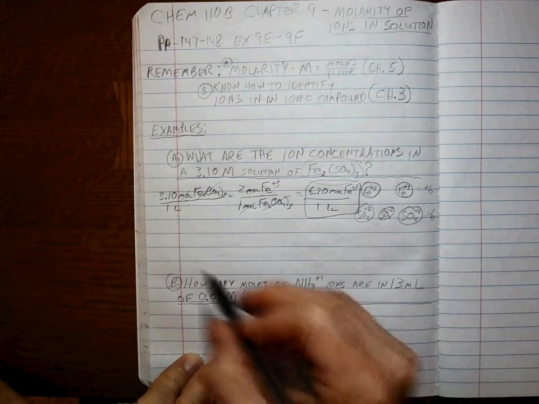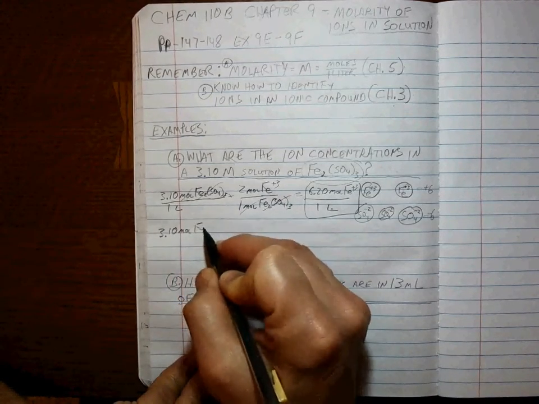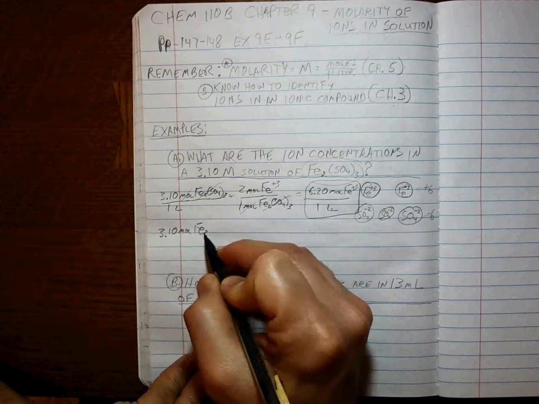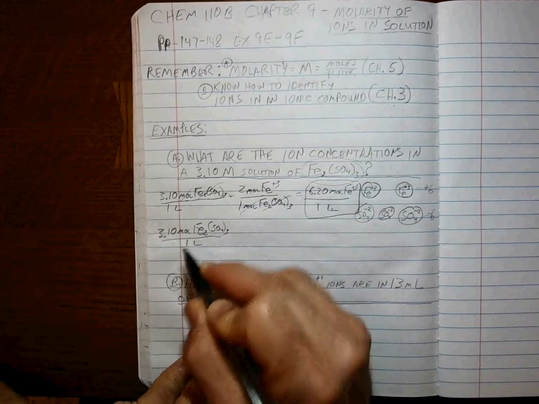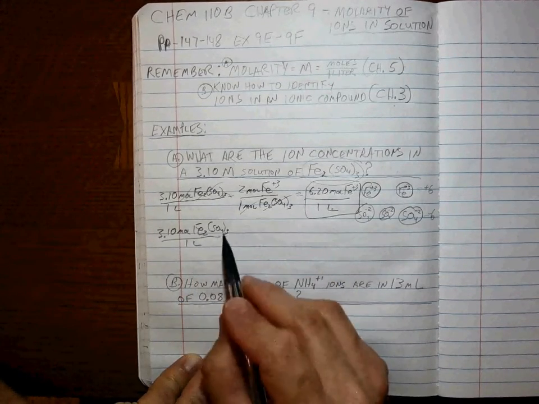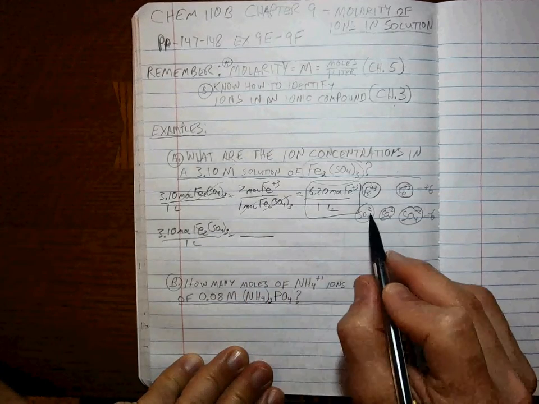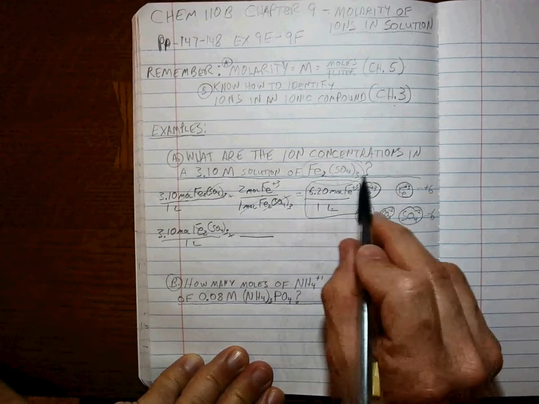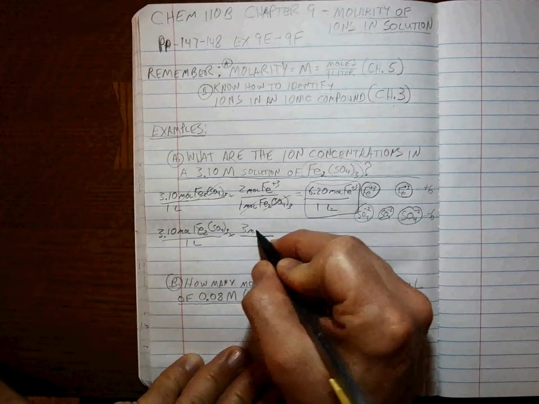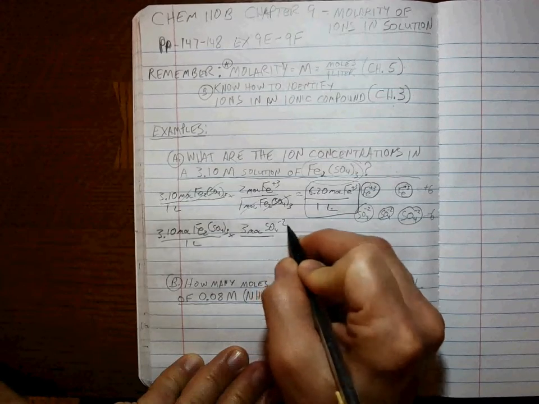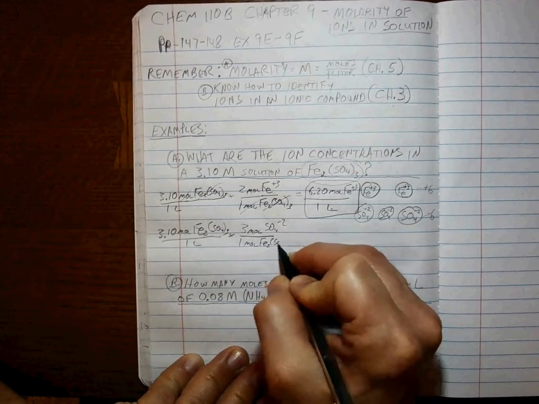Let's look at the concentration of sulfate. Same initial concentration of the compound, moles per 1 liter of the iron sulfate, but this time the ratio is going to be 3 to 1 because there are 3 sulfates for every 1 formula unit of iron sulfate. 3 moles of sulfate ion, 1 mole of the iron 3 sulfate.